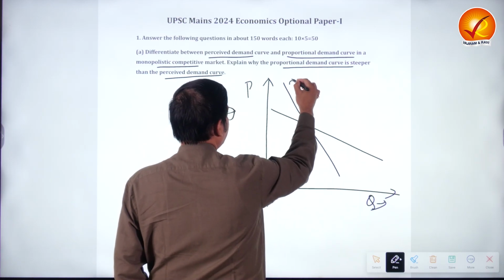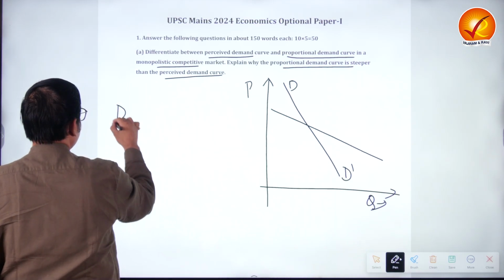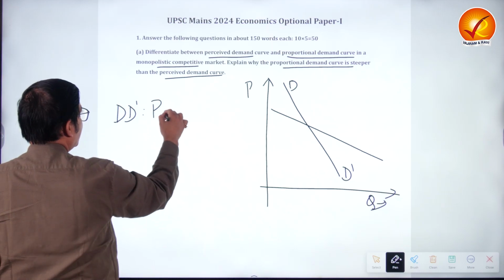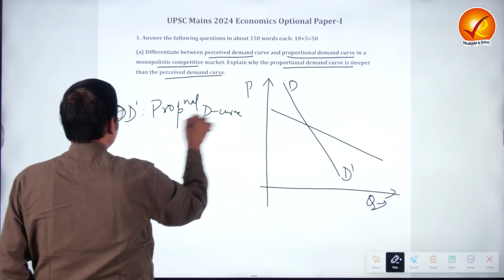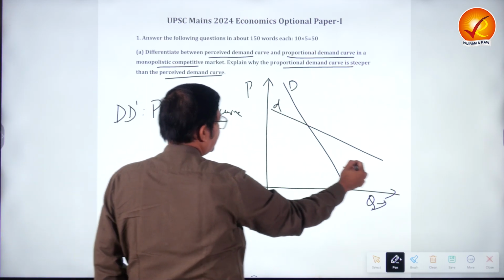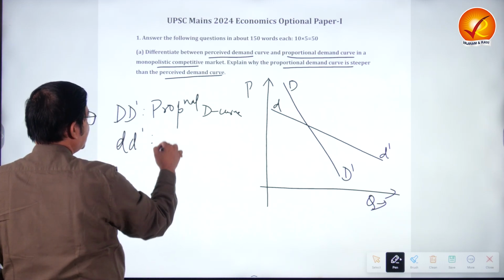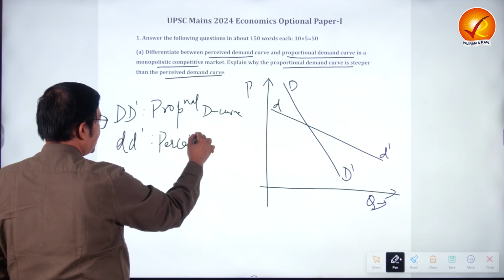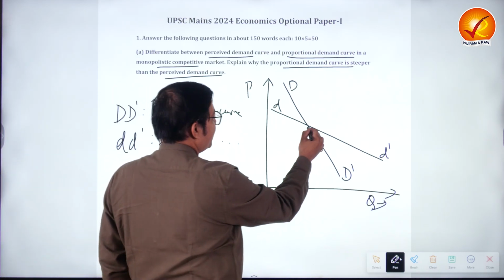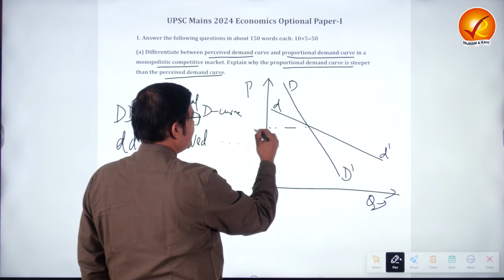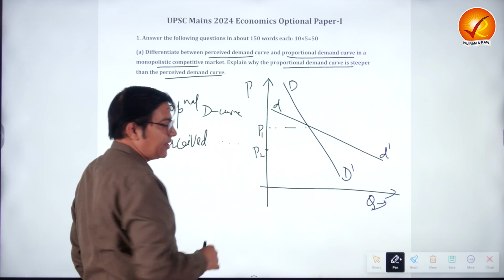Let's say capital D, D dash is the proportional demand curve, and small d, d dash is the perceived demand curve or planned demand curve. Suppose we begin with a price level P1, and the firm reduces the price to a level P2.